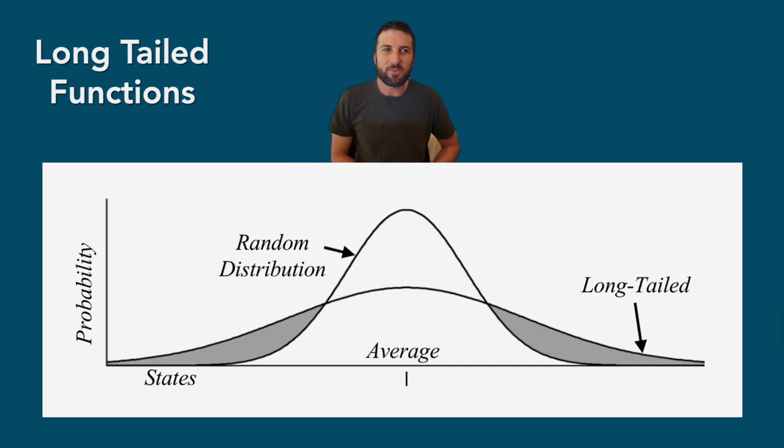Finally, wanted to touch a little bit on long-tailed functions. So we saw earlier with the random network versus scale-free network, a lot of random distributions tend to be centered near around an average. However, these long-tailed functions really spread that out, where you would see lots of action really far away from the average.